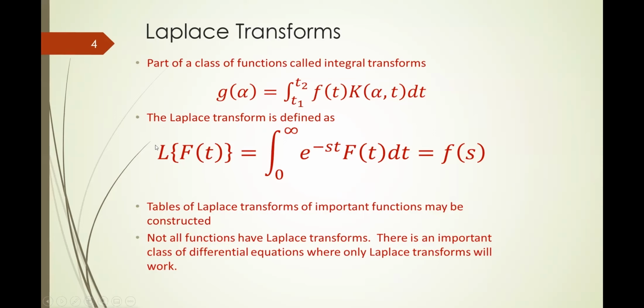So the Laplace of the function of t is the integral from 0 to infinity of e raised to negative st times the function of t dt. And eventually, the Laplace of any function of t is actually a function of s.